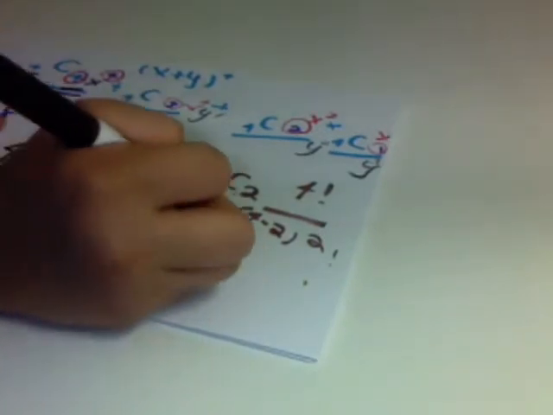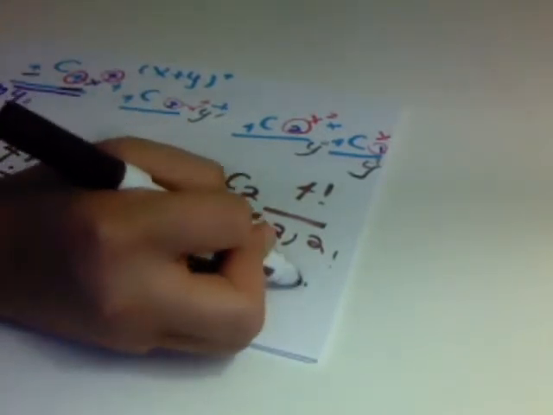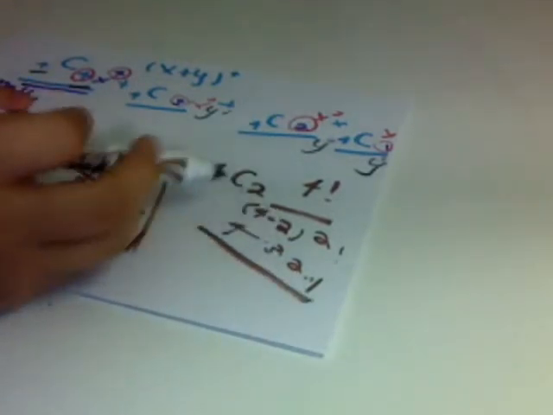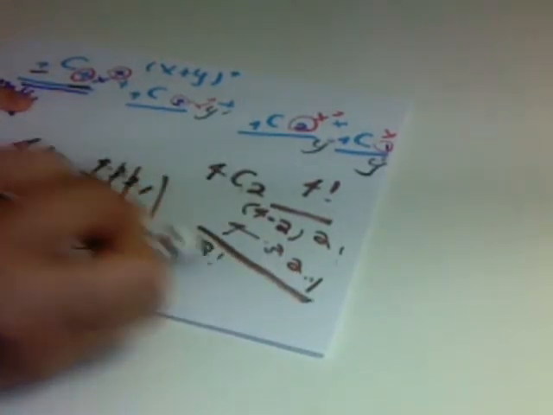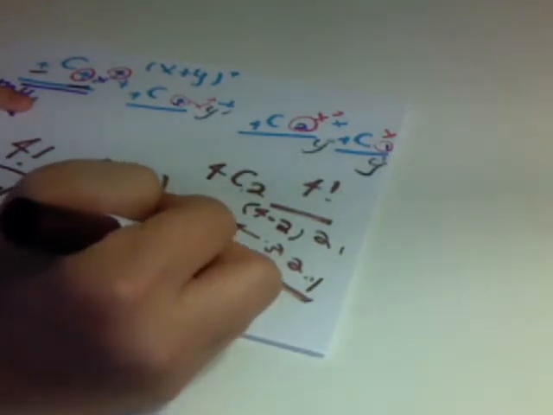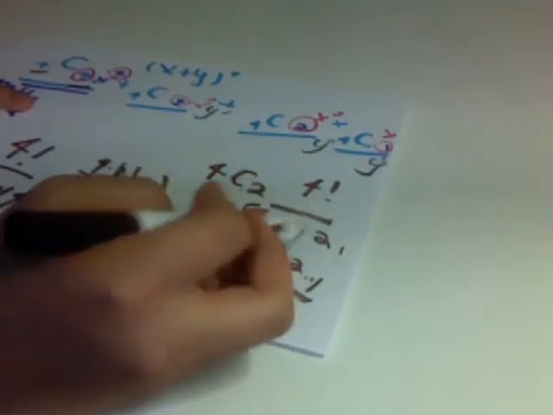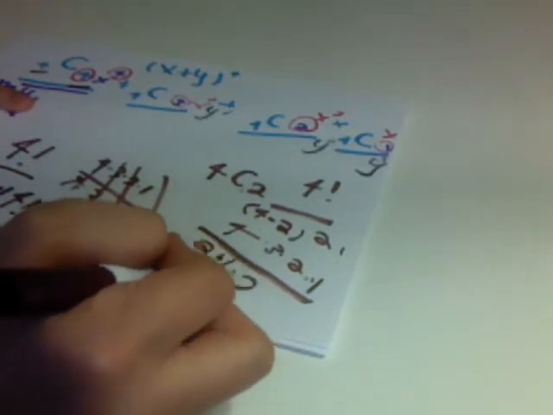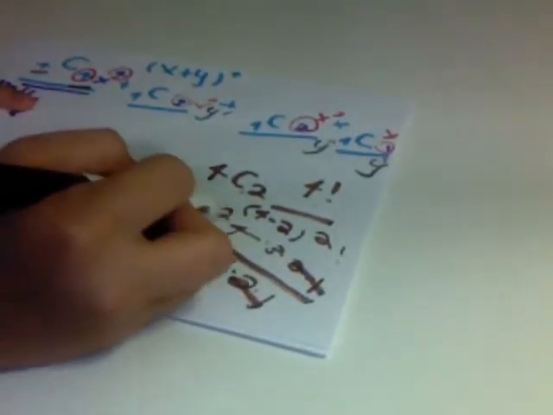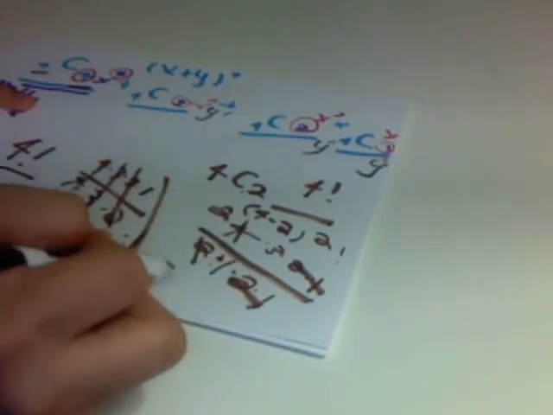So now it's the same thing. It's 4 times 3 times 2 times 1 all over 4 minus 2, which is 2, exclamation mark, which is also the same as 2 times 1, and 2 exclamation mark again, so the same thing as 2 times 1. The 2 times 1 cross out, 2 goes into 4 twice, so you're left with 6.